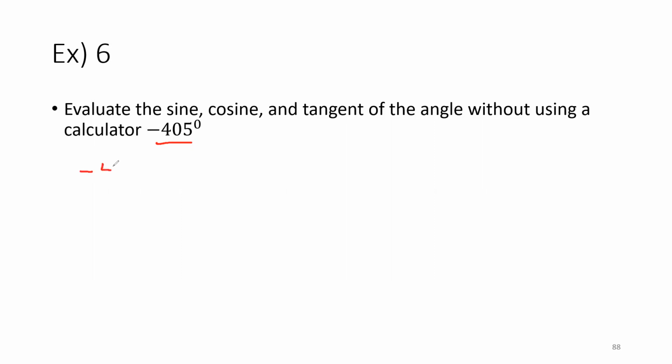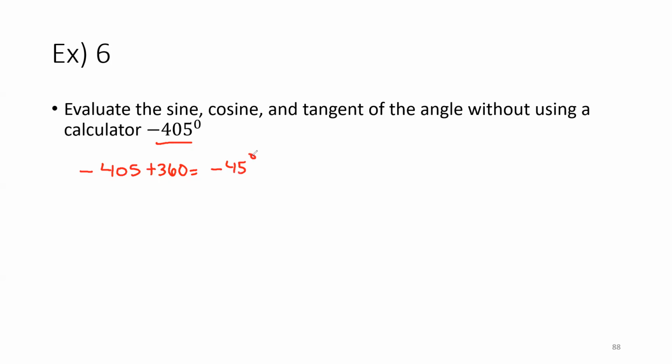So it would be negative 405 plus 360. And I believe you keep on doing this until you have a positive degree. So negative 405 plus 360 gives you negative 45.